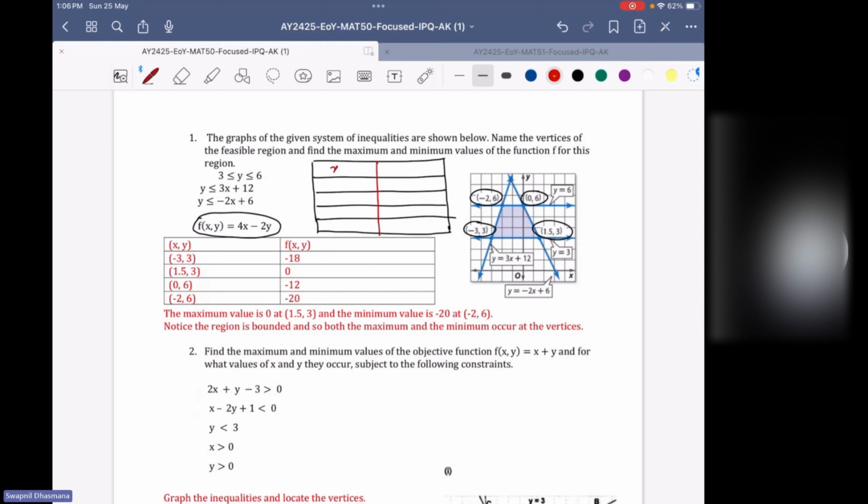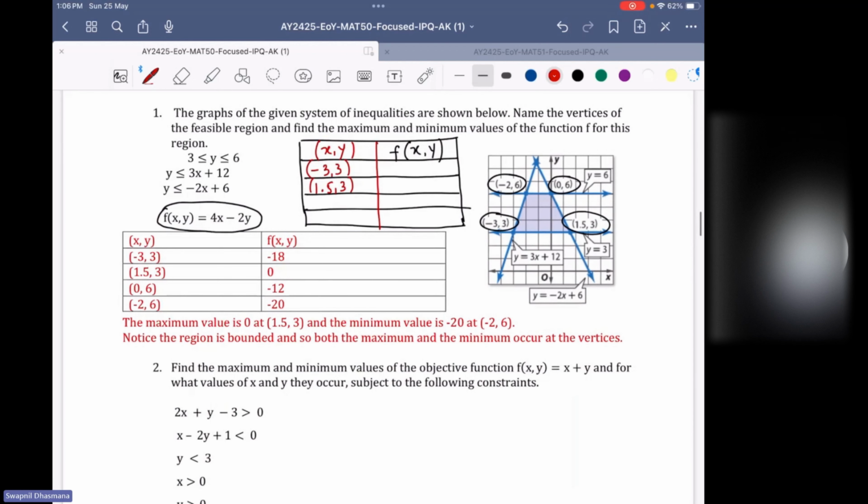The first part would be the value of xy, which we will take from the graph. The second part would be the function value on those points. So the first part, you will write all these points like negative 3, 3, 1.5, 3, 0 and 6, negative 2 and 6. So all these points I have written.